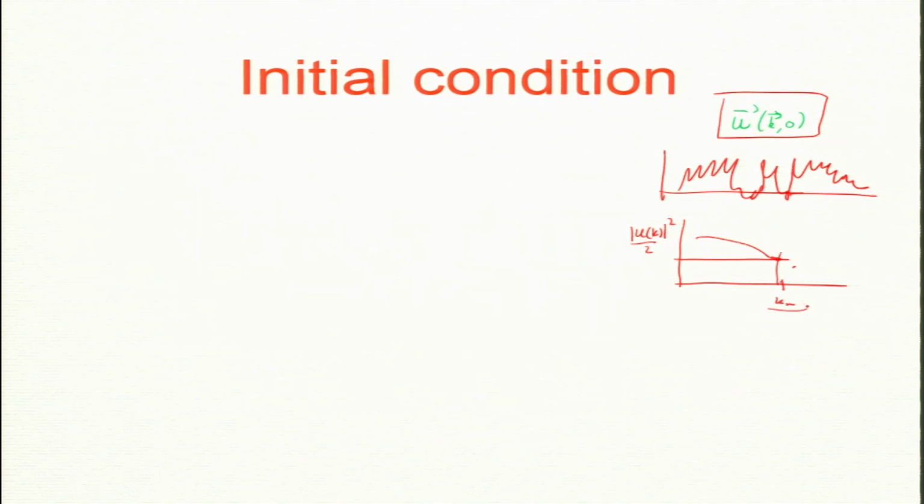So I should not use this k max, but go to the largest k where this energy becomes 0. Zero is 10 to the power minus 8, non-dimensionalized, 10 to the power minus 6.